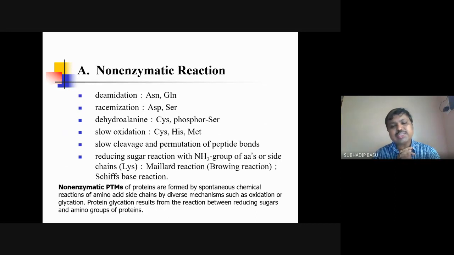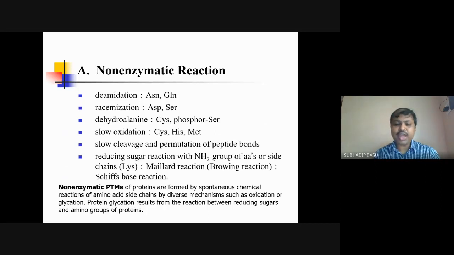So what do we mean by non-enzymatic PTMs? Non-enzymatic post-translational modifications are formed by spontaneous chemical reactions of amino acid side chains by diverse mechanisms, such as oxidations, in the protein cytoplasm, or maybe in the nucleus. You can have certain natural spontaneous chemical reactions in the side chains, such as oxidation or glycation. For example, protein glycation results from reaction between reducing sugars and amino groups of protein.